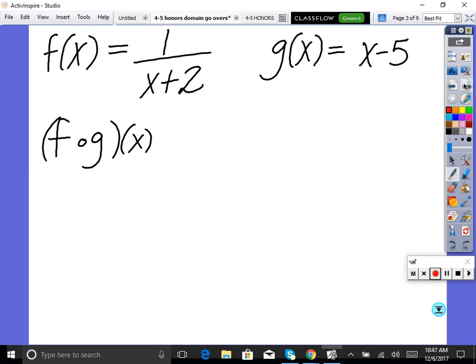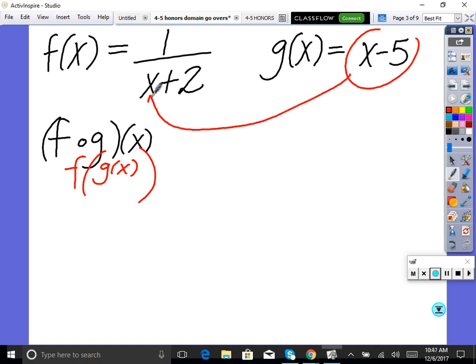Okay, here we go. F of g of x. So we know we'd squish x back in with g. That's g of x. Squish it back in again. F of g of x. So that means we're taking g of x and plugging it in right there. So don't we have 1 over x minus 5 plus 2? Let's locate all the potential problems.